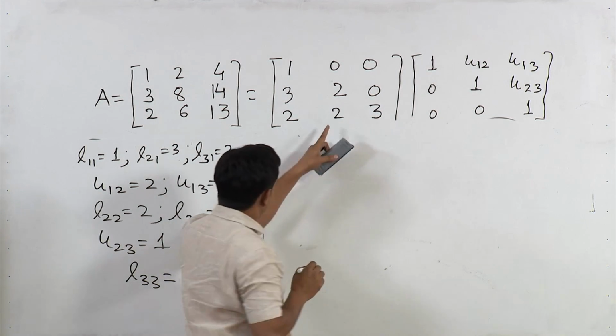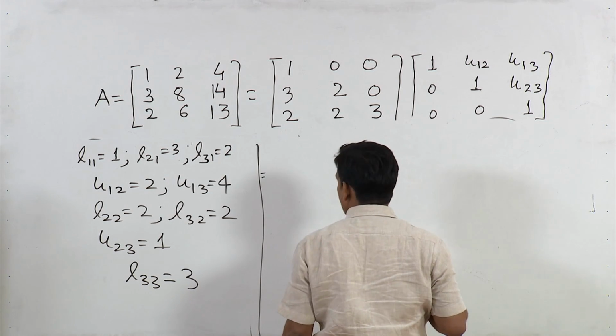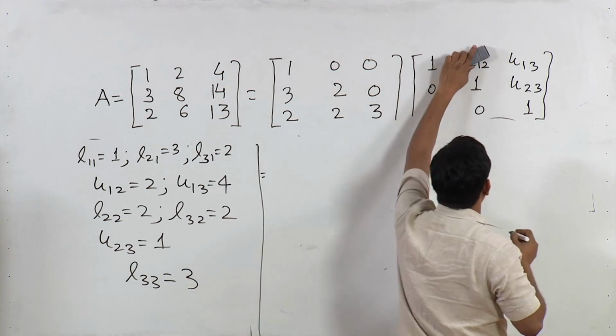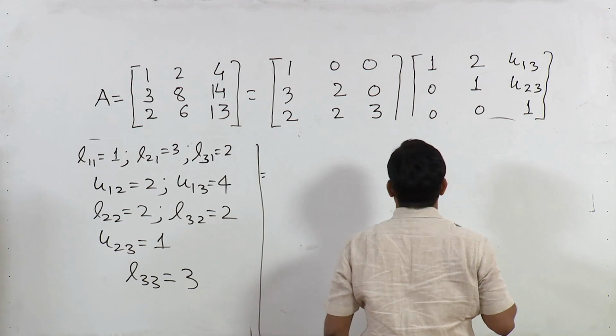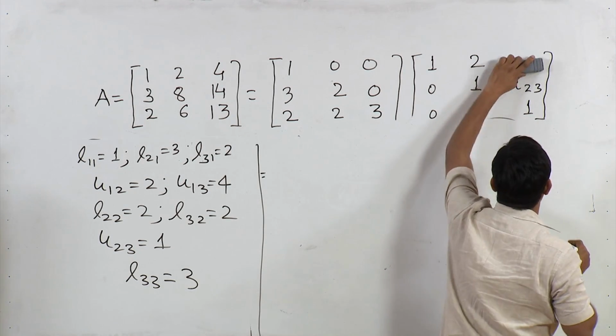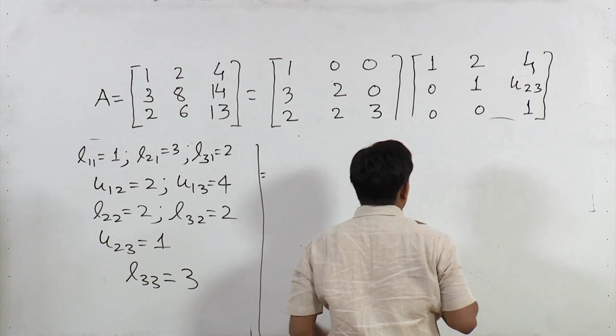So, this is the lower triangular matrix, and the upper triangular matrix is U12 is 2, U13 is 4, and finally U23 is 1.